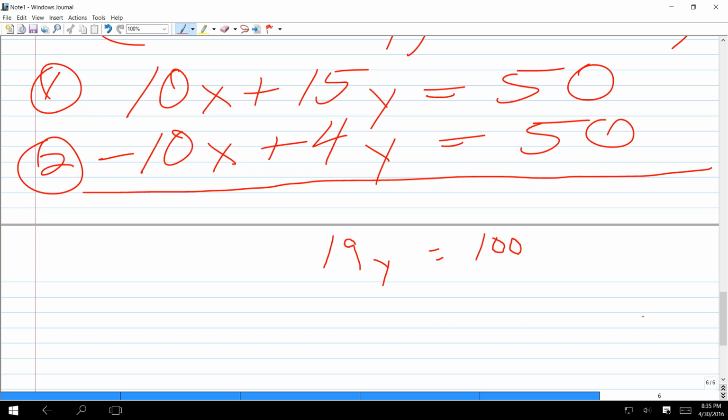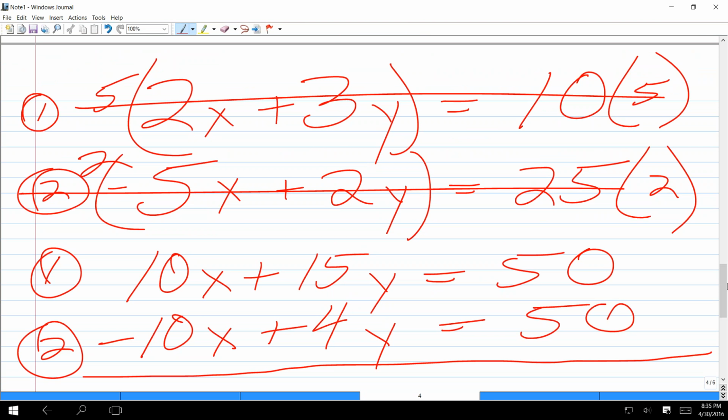Once I've solved for y, now it's really a simple process to solve for x, because I can go back into any of the 4 equations, and I'm always going to choose the equation that has the smallest number. I'm going to take this top equation, 2x plus 3y equals 10, and use that to solve for x, because it's the simplest. Whenever you have a choice of dealing with big numbers or small numbers, always choose small numbers if it's the same.